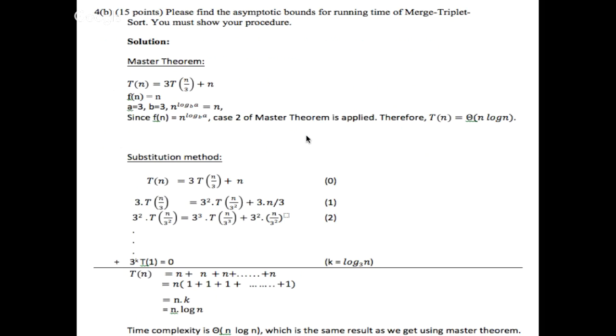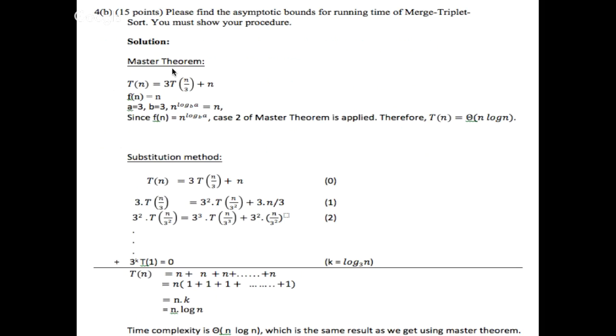Question 4b is to find the asymptotic bounds or running time of merge triple sort. So for merge triple sort, the recursive description is this: T(n) equals 3T(n/3) plus n.